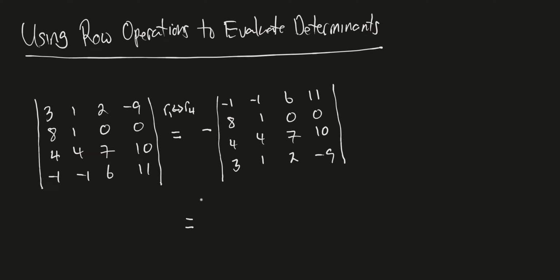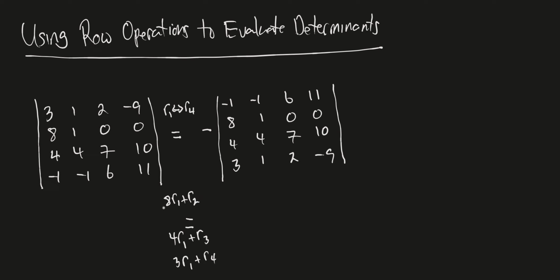So this is equal to, let's see, if we take 8 times row 1 added to row 2, 4 times row 1 added to row 3, and 3 times row 1 added to row 4, none of these operations will affect the determinant.